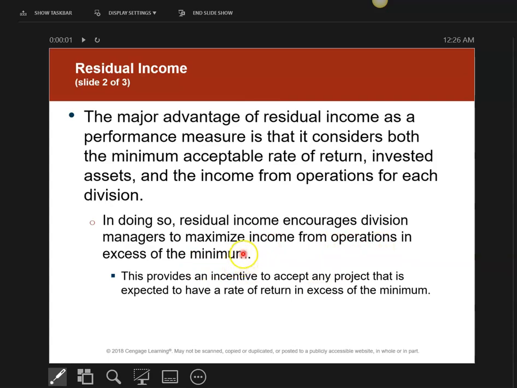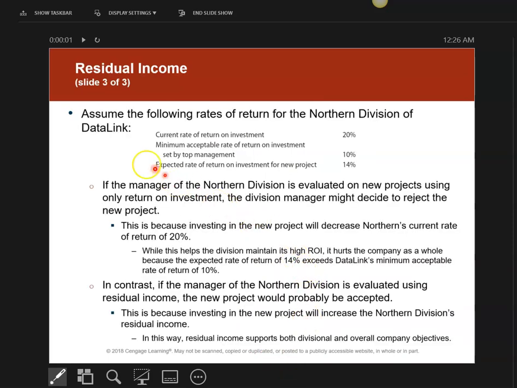Let me show you a little example. This is for just the Northern division. Remember, it's at 20%. My minimum is 10%, but I'm looking at a new project I'm considering that's going to give me 14%. Now, I can either reject it or accept it.